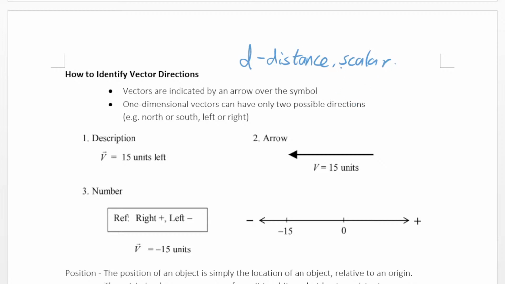And then for the vector version of it, we would write, this is not displacement yet, I know the word displacement is mentioned, but this would be a vector. I will give its name shortly. This would be what we call a vector. See a little arrow on top? That is what makes a vector a vector. All right, that's pretty straightforward.